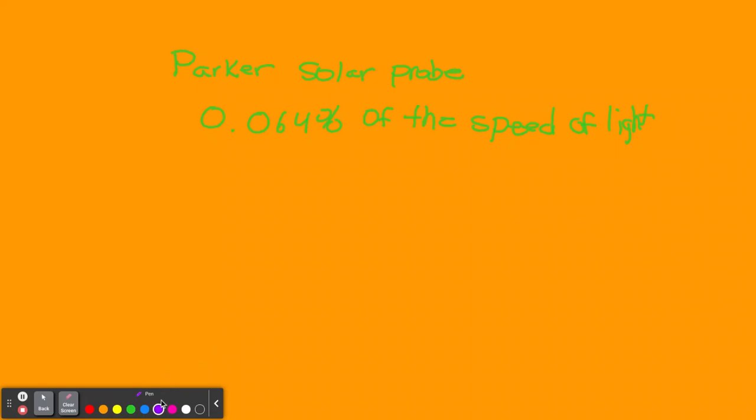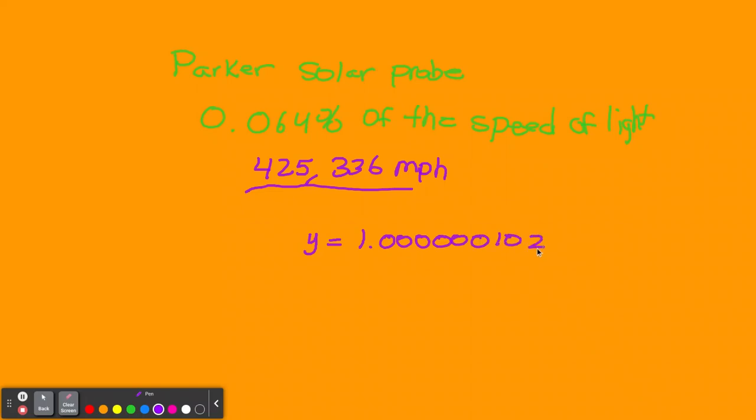Let's get a little darker color. So basically, it's going 425,336 miles per hour. Nothing compared to what photons can do. So if we plug that into our Lorentz factor, you do all that stuff, you'll get a Lorentz factor of 1.000000102. It's so insignificant.